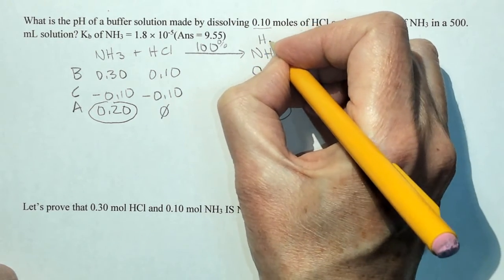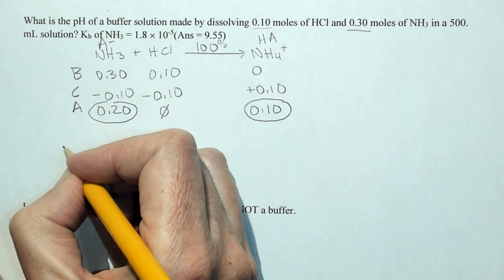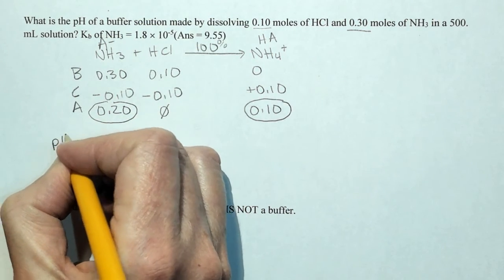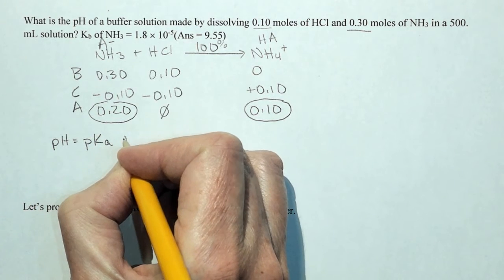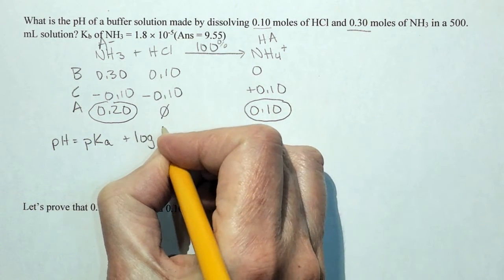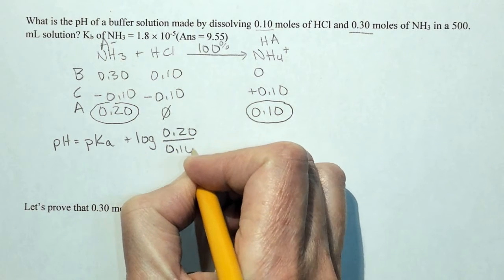This is our HA, this is our A minus. So we're going to have pH equals pKa plus log 0.20 over 0.10.